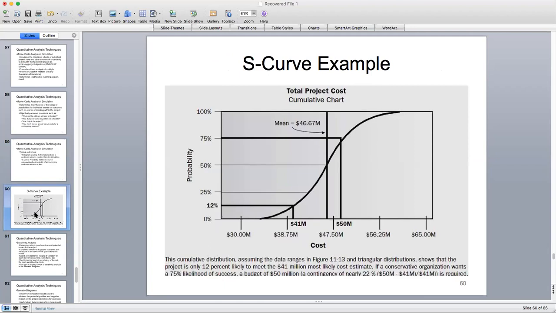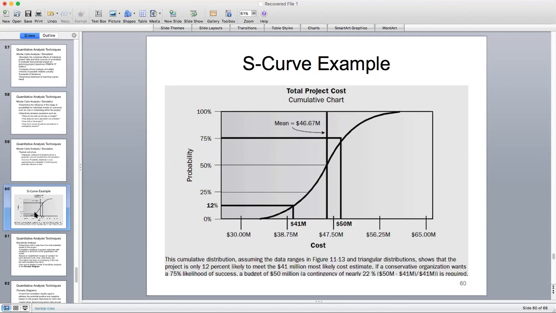And this is cumulatively adding up all of the different project simulation results, whether it's hundreds or thousands or millions of times, and it calculates the probability of reaching certain costs based on what the results were. So for example, if we look along the x-axis at $41 million, and then we find the corresponding probability, that tells us that 12% of the projects using the model and Monte Carlo simulation cost $41 million.